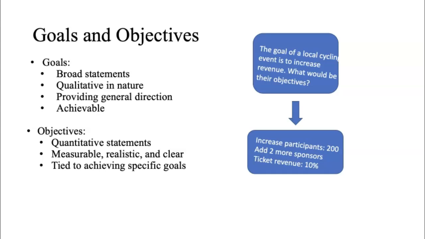We'll give you an example. If the goal for a local cycling event is to increase revenue, what will be their objective? Right? Very broad statement, just increase revenues. And the specific goals, which are objectives, will be: we could increase participants by 200, because with a lot more participants we'll be able to generate more revenue, since they have to pay the registration fee, right?